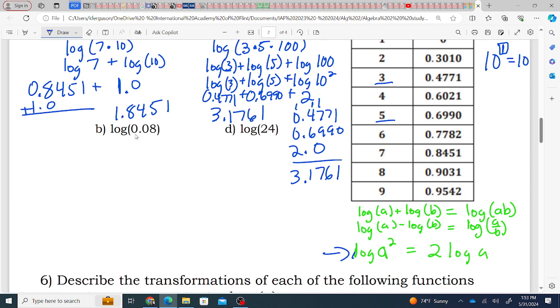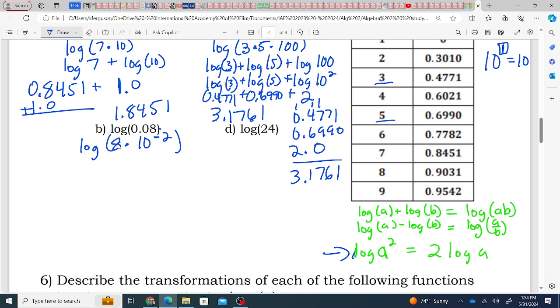Now I got log of 0.08. So I know that's log of 8 times 10 to the what? -2 power? Because if I've got 8 and I multiply by 10 to the -2, I move the decimal 2 places.